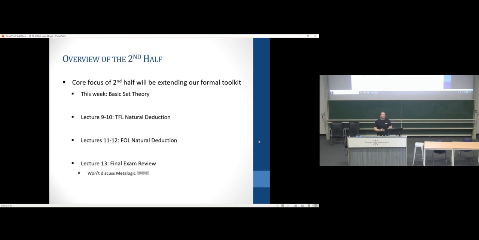If you remember, for first order logic there was a whole bunch of things we couldn't do with interpretations. Natural deduction is the tool we use for all of those cases. So it's interpretations plus natural deduction that gives you your full formal machinery. That's what we're going to focus on, and that's going to be the bulk of what we'll do.